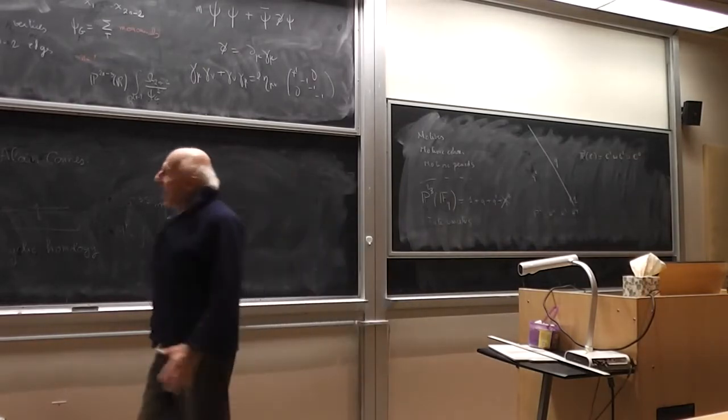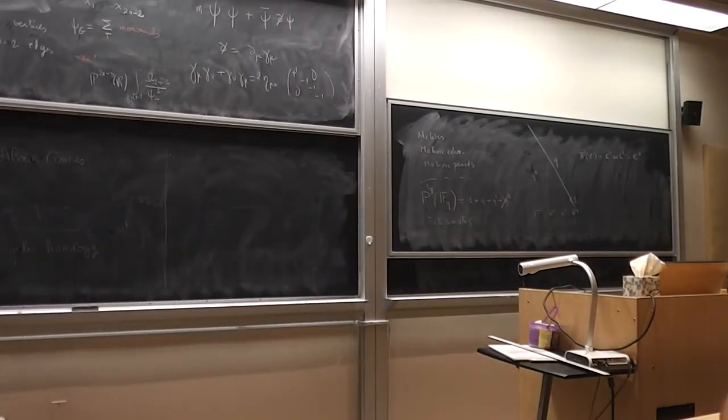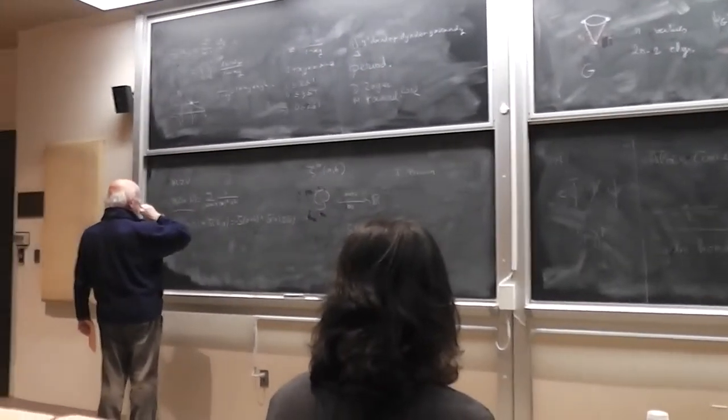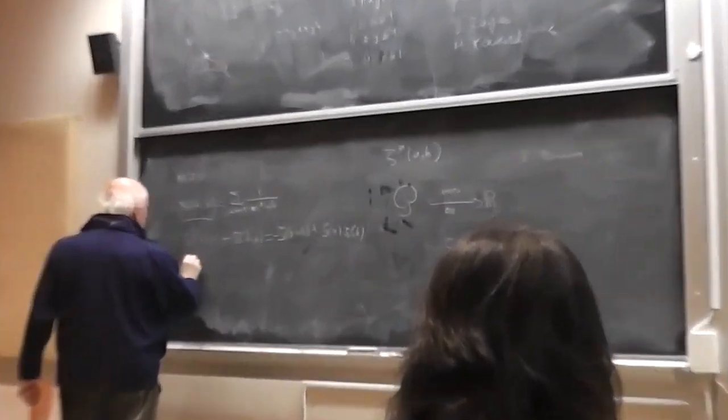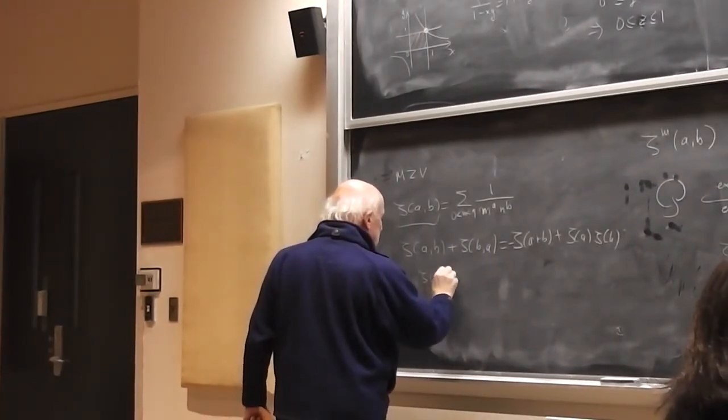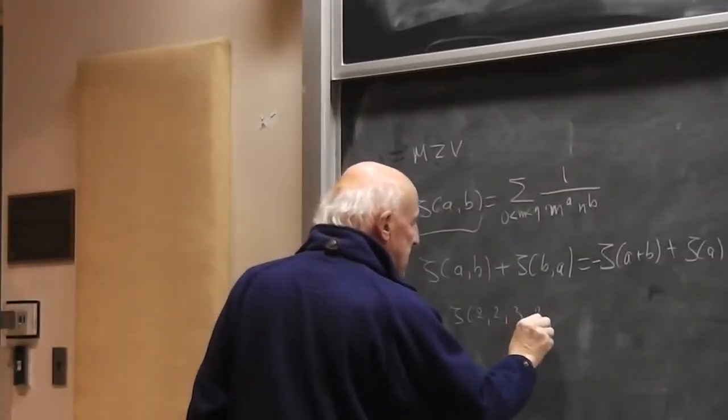Okay, so he has given a proof, and particularly he has shown, for instance, that the double zeta or multi zeta values could all be expressed in terms of a special sequence.